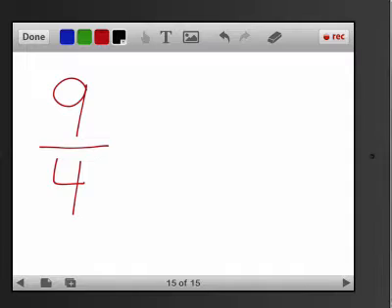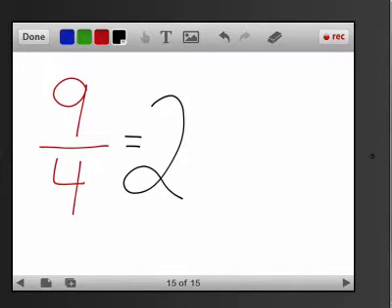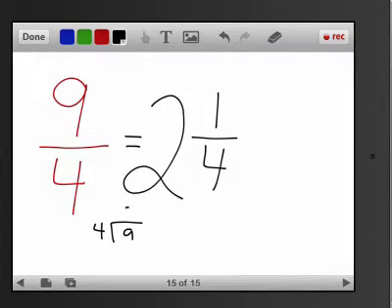I have to first think how many 4's are in 9. 4, 8. So there's 2 wholes. How many are left over? 1 over 4. If you're confused how to do that in your head, remember you just have to simply divide. How many 4's are in 9? 2, remainder 1. So I got my 2, remainder 1.